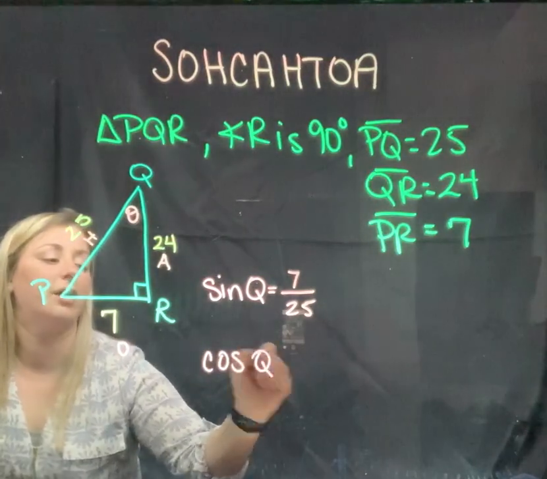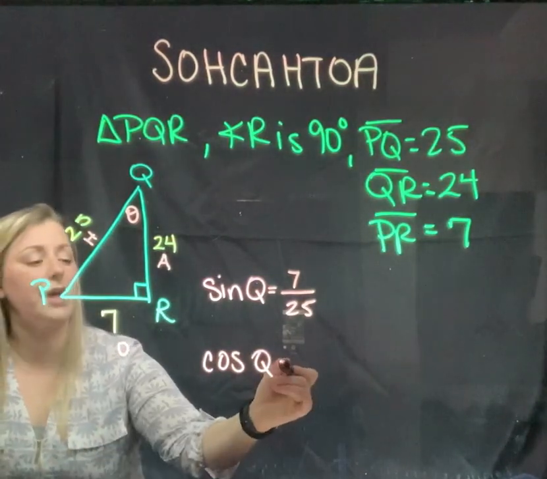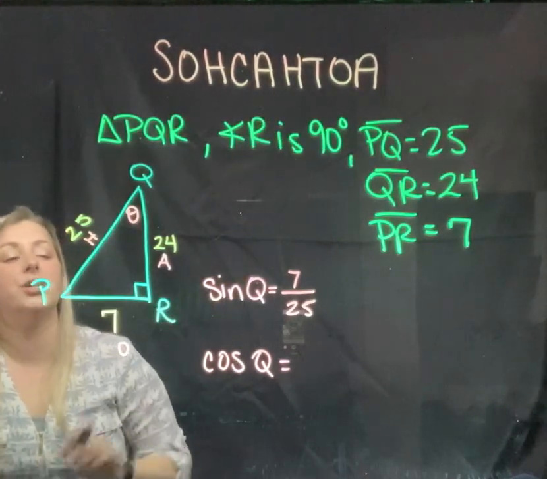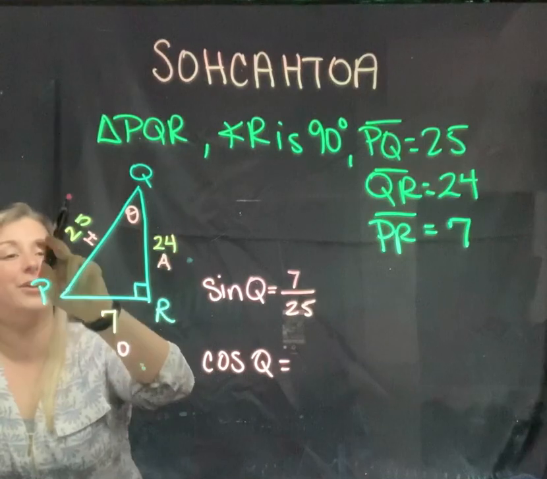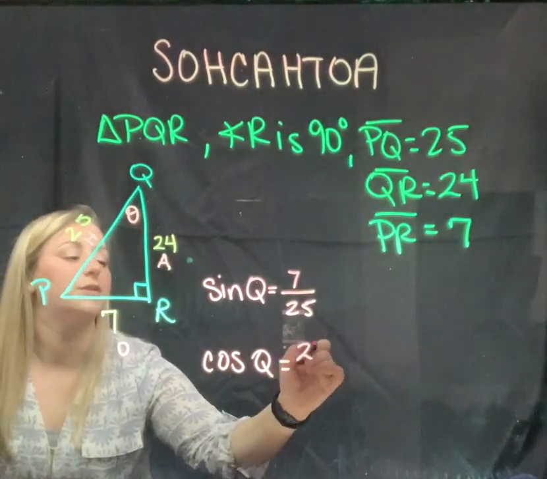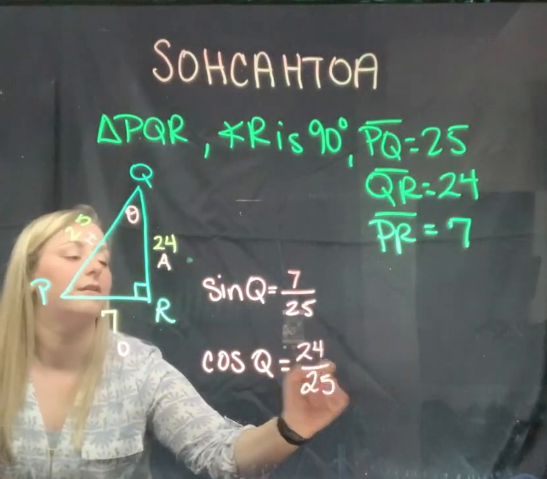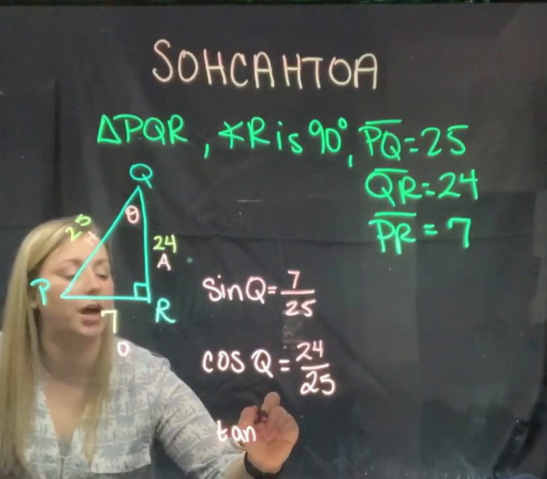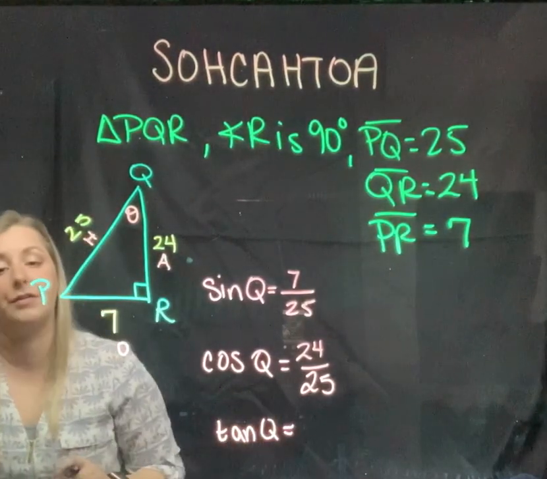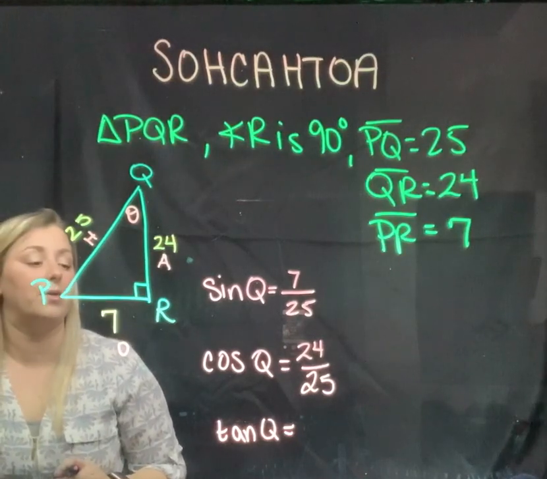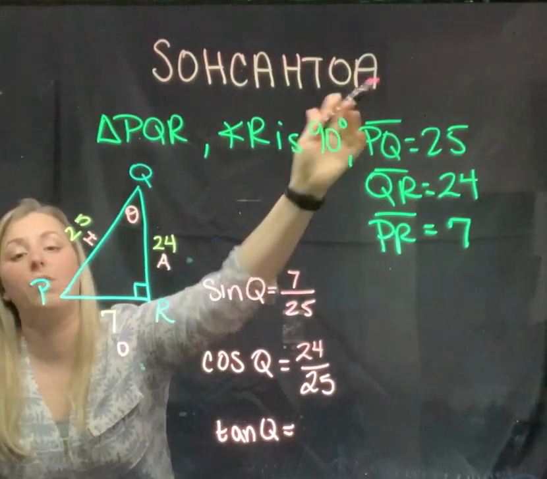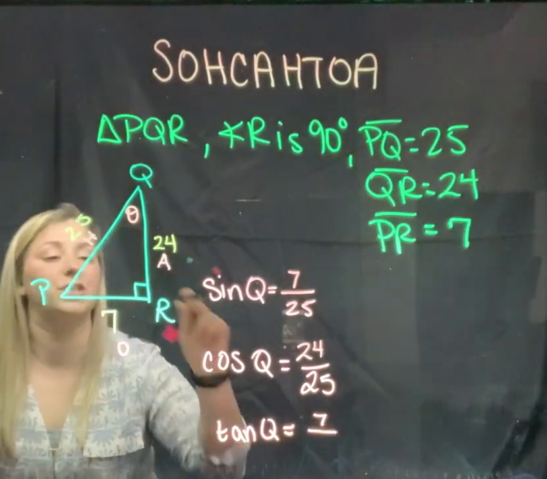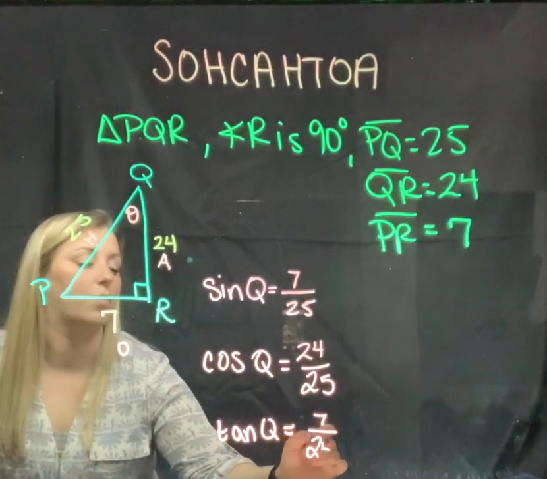So cosine of Q, that's CAH, A over H. So the adjacent here is 24 over the hypotenuse, which is 25. So we have 24 over 25. And then lastly, we would have our tangent of Q, since that's the angle we are still referring to. That would be our TOA piece, O over A. The opposite here is 7 over the adjacent piece, which is 24.